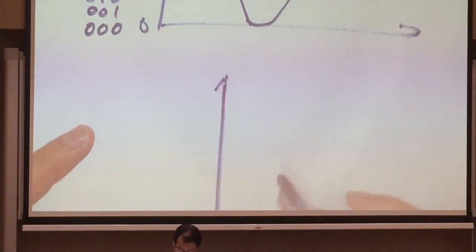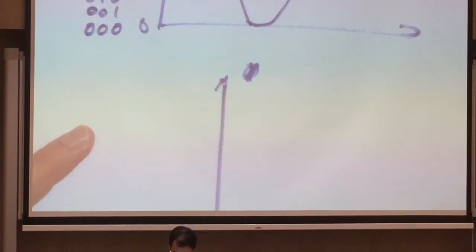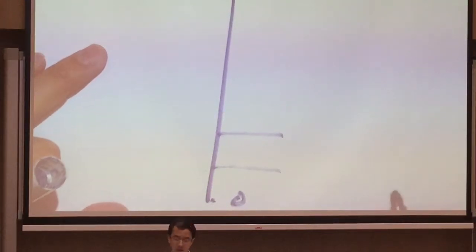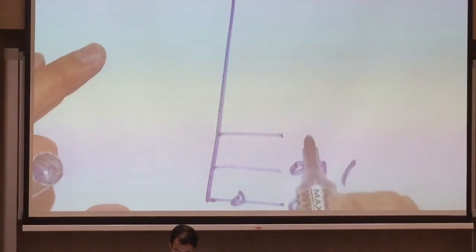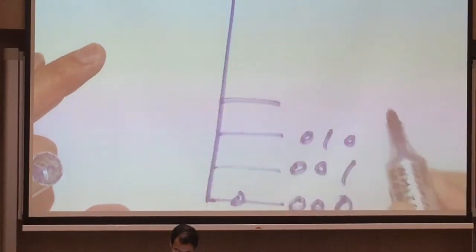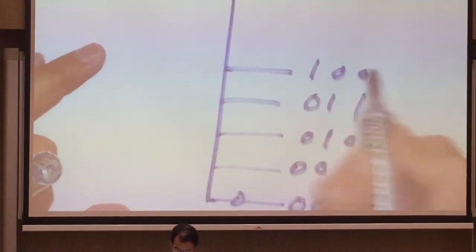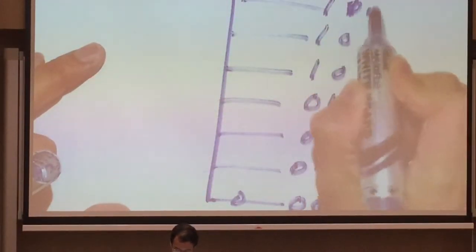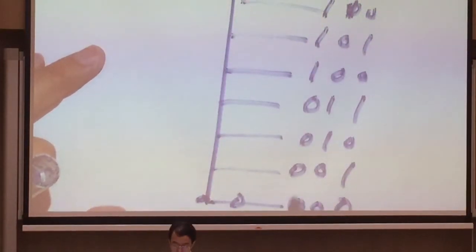The scale is 1 to 0, but you only have 8 levels here: 000, 001, 010, 011, and so on, 100, 101, 110, and 111. So from 0 to 1, you only have 8 levels.